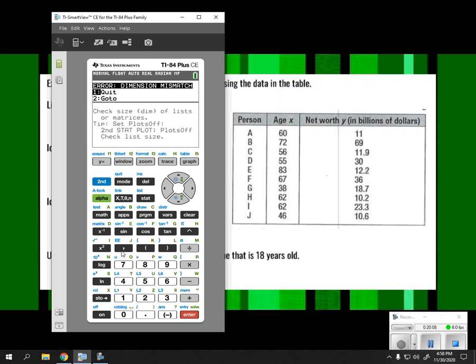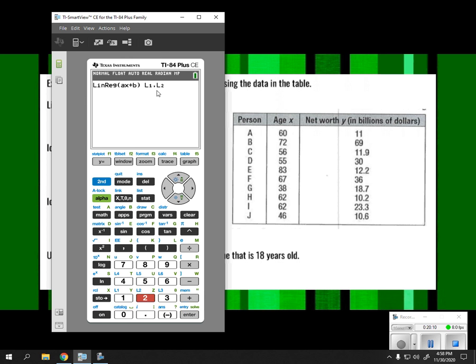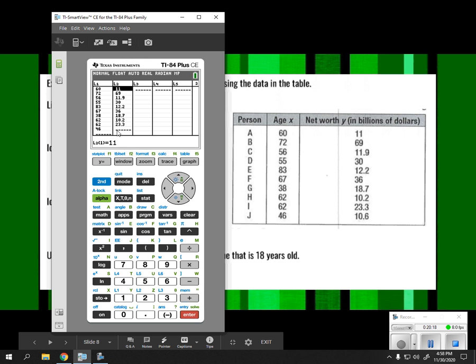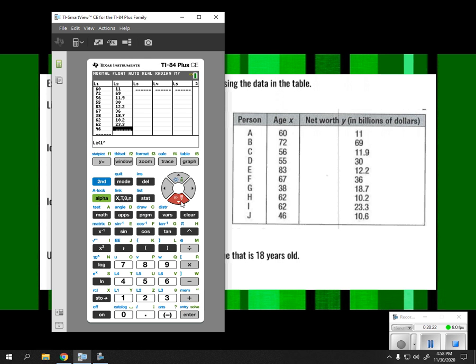If I go to the error and hover over the problem, there's a problem in L2. So I need to go back to my table and I can see that not everything has a partner. And then maybe I skipped one early on. I skipped the last one on purpose, so it's not always the last one. But just keep in mind that that is something that can happen. Everything in L1 has to have a mate in L2.